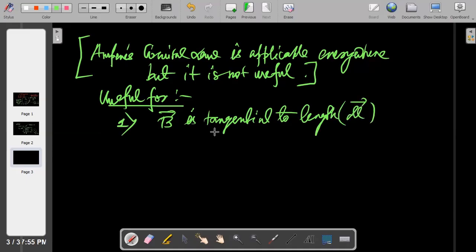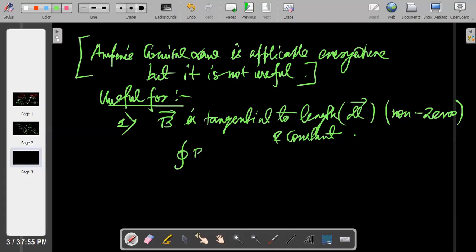It should be tangential and non-zero. This dl should be non-zero and constant.